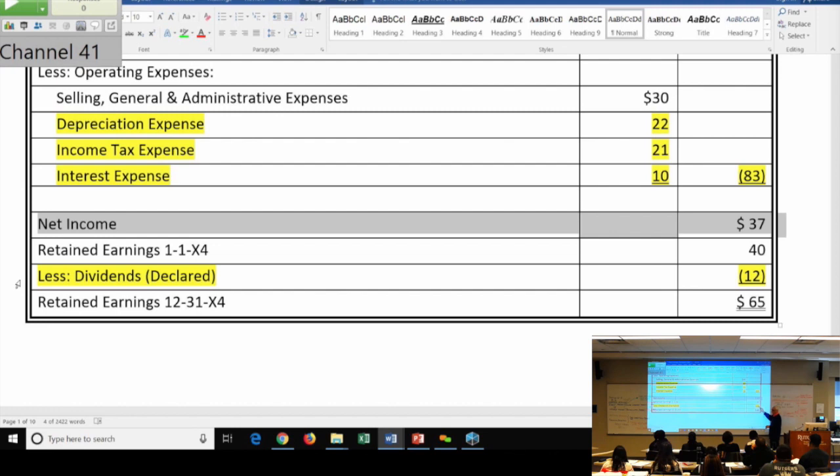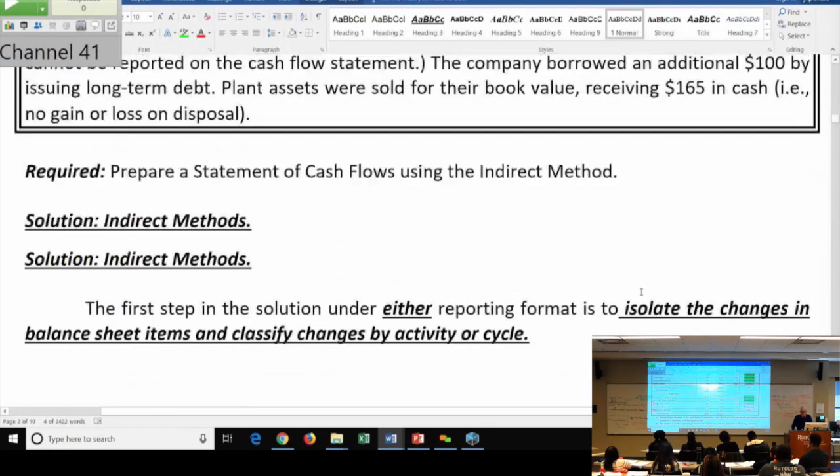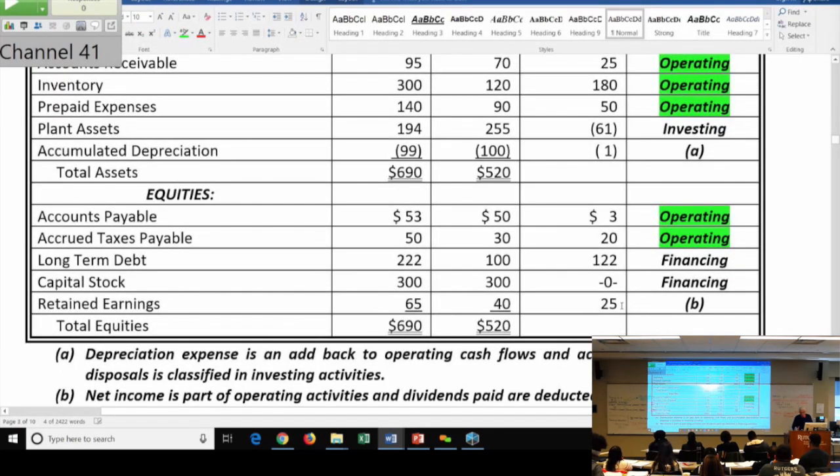We'll talk about that later. So net income of 37 minus the dividends of 12 gives us the 25. So you've got to account for all of the changes when we deal with investing and financing cash flows. So that $25 here, we know it's net income minus the dividend.